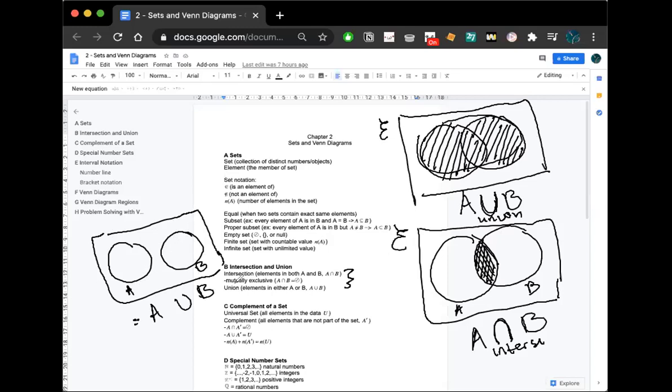What they mean by mutually exclusive is that the two sets don't meet, or their values don't overlap. So they're exclusive or separate on their own. And hence you cannot shade an intersection of this. I apologize. This is supposed to be N, A and B, not union.